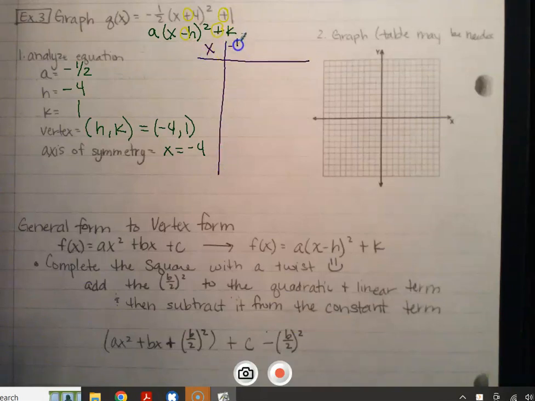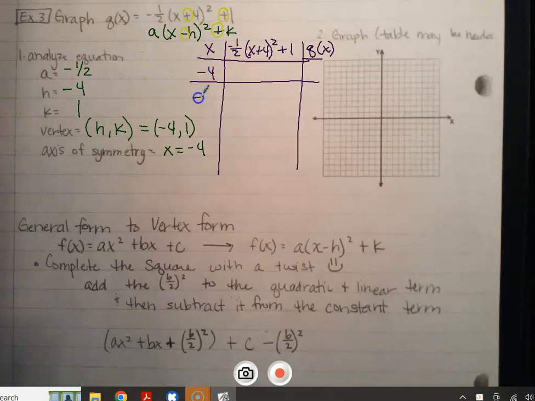We're going to have -1/2 (x plus 4) squared plus 1 in here, and we'll get out our f of x value, or q of x in this case. All right. So I'm going to use -4, -2, and 0. Okay, so our axis of symmetry should come up there.